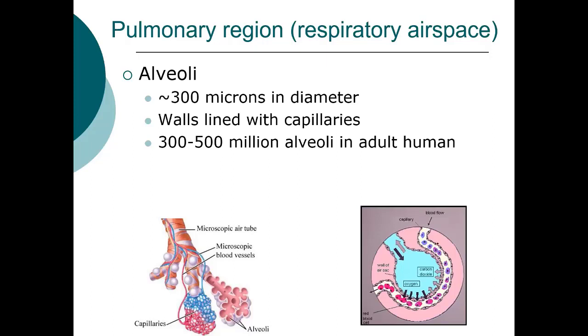And about 90 to 95% of the surfaces of the alveoli are actually covered with capillaries, which is what's shown here. So you have a tremendous amount of area across which the gases can diffuse.